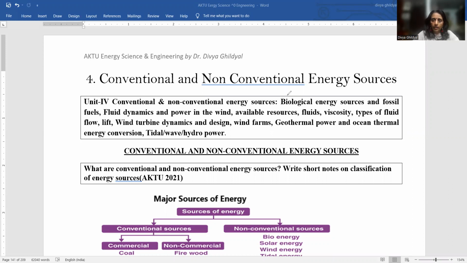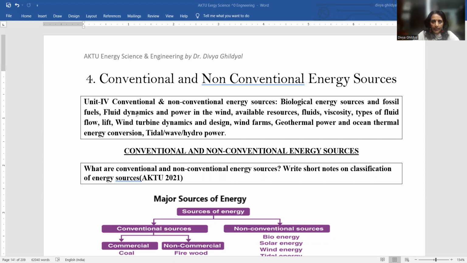So this unit is one-fourth of your general knowledge and events happening in day-to-day life. It is not a mathematical paper where you can be told that you have to learn this much and write. It is more related to the current events and what is happening in the field of energy sources.